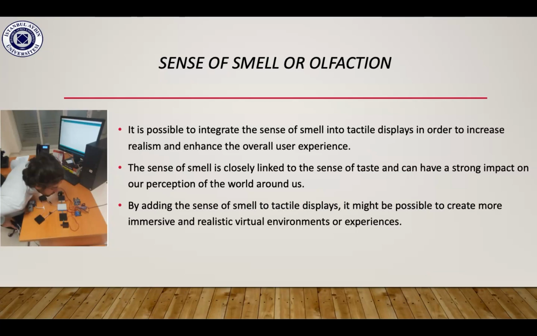By adding the sense of smell to tactile display, it might be possible to create more immersive and realistic virtual environments or experiences. So, the sense of smell can also enhance users' experience of the virtual world, as you see here.